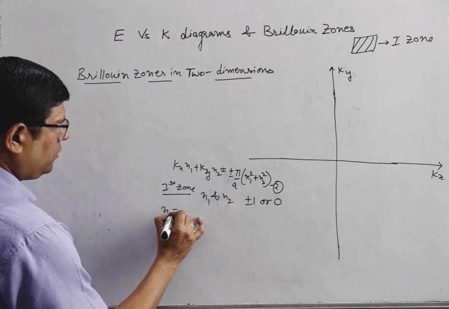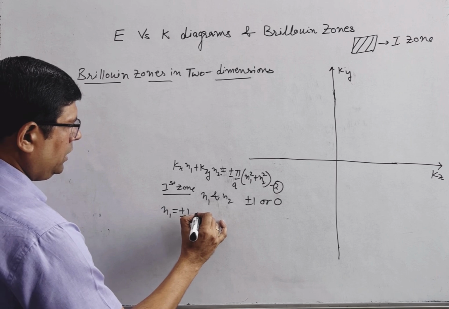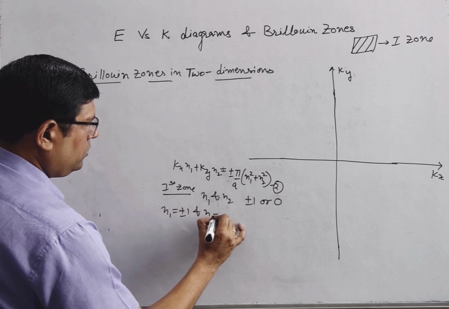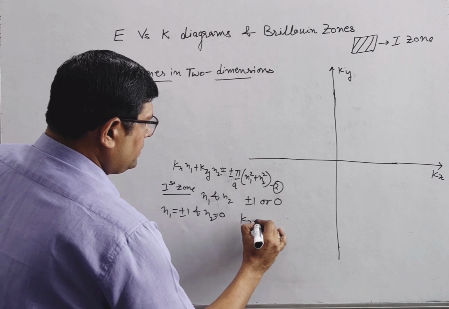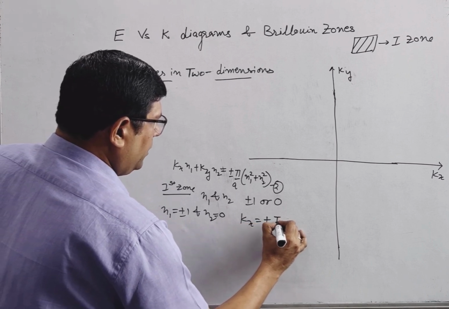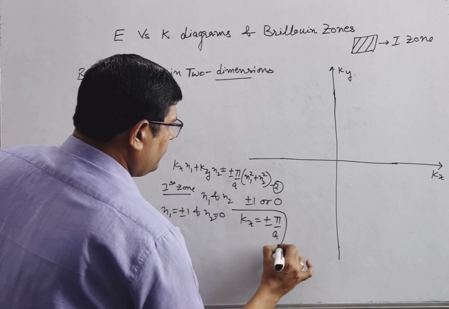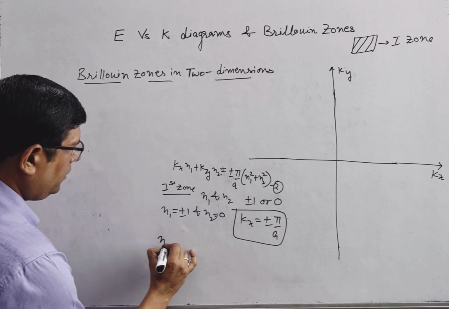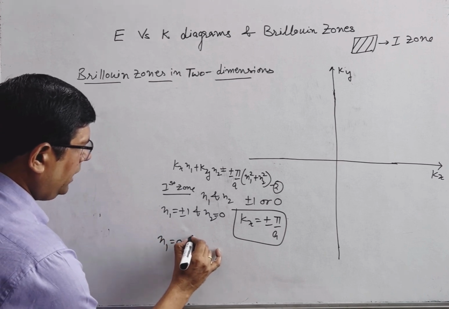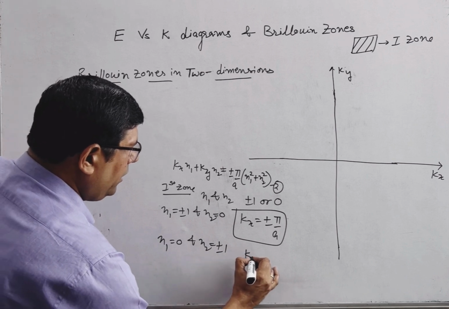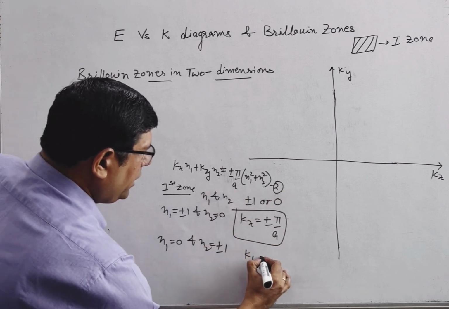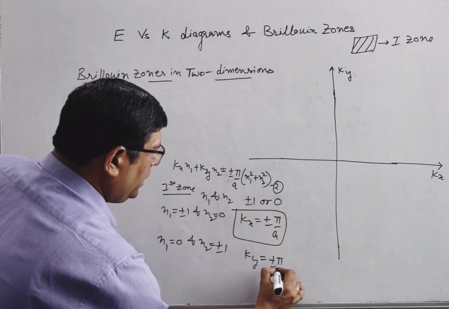Let n1 equal plus minus 1 and n2 equal 0. So from the equation we have kx equal to plus minus pi by a. And when n1 equal 0 and n2 equal plus minus 1, then from this equation we have ky equal to plus minus pi by a.